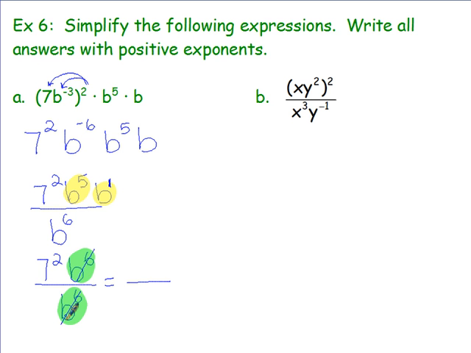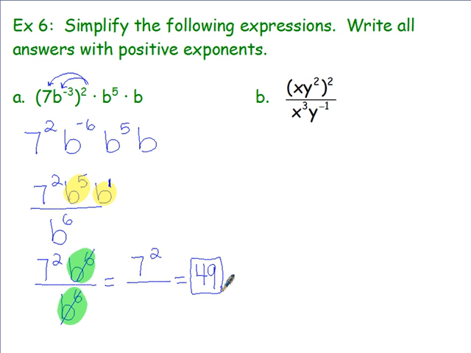So what's really left? 7 squared. And what's 7 squared? Because yes, we can get an answer here, and we need to get an answer here. 7 squared is 49. So we went from having a whole bunch of B's to ending up with a whole number. And yes, that's okay.